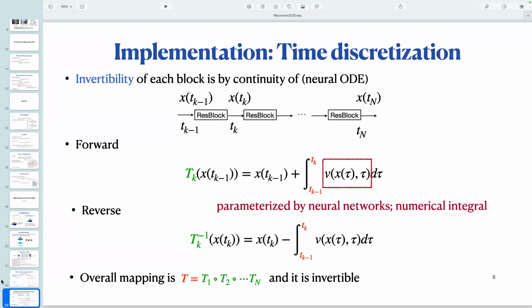If you integrate this over small time intervals, this tells me how I move my data. If I discretize into many intervals, each one of them is a small time interval, and my big T, from the beginning to the end, is going to be the function composition of each little interval. This is actually the idea behind the so-called neural ODE. So you represent the transport map using the velocity field.